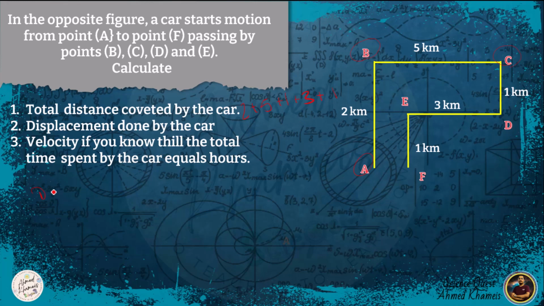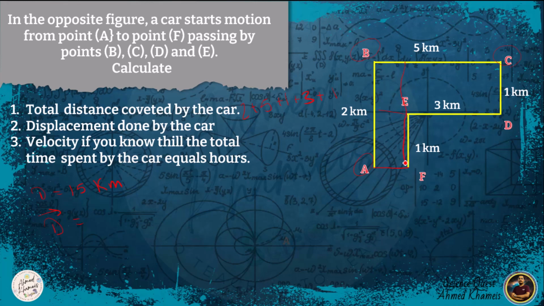So the distance equals 15 kilometers. The displacement covered by the car is the straight line from the starting point to the end point, so from A to F, which will be 2 kilometers because we subtract BC from ED.